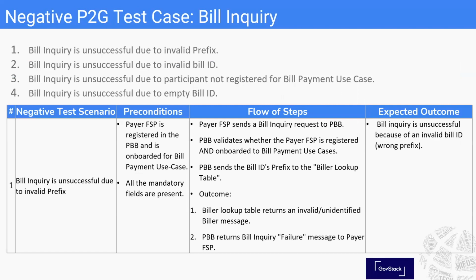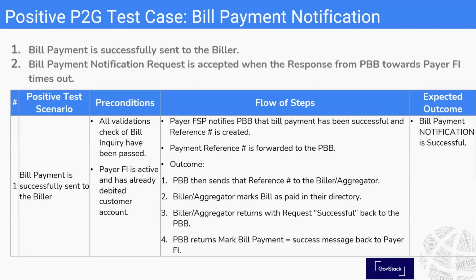If the prefix is correct, it would send that request ahead to the biller or aggregator, and if the biller or aggregator is unable to resolve that bill ID or find a consumer against it, it will send back a negative response. So these are some of the cases that could be set up for testing the bill inquiry functionality. And again, any request which is not sending in the bill ID, which is a mandatory field, would be unsuccessful.